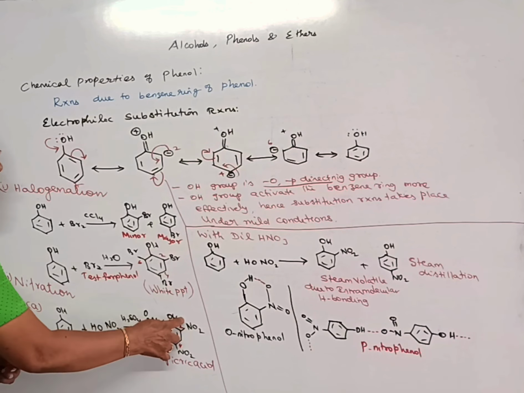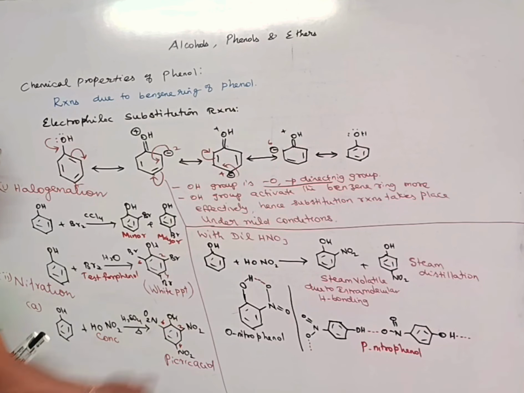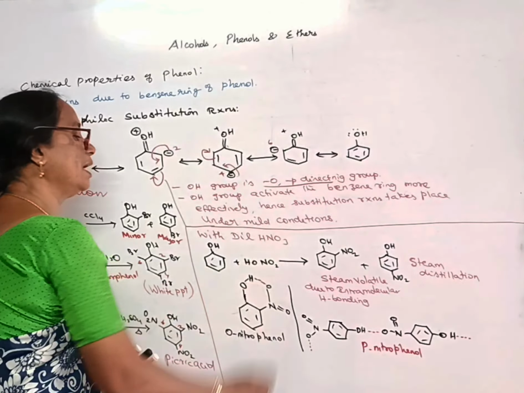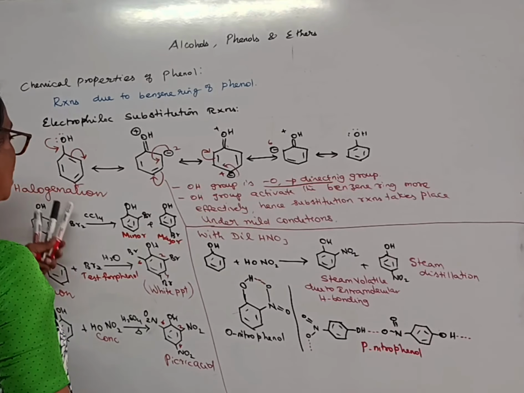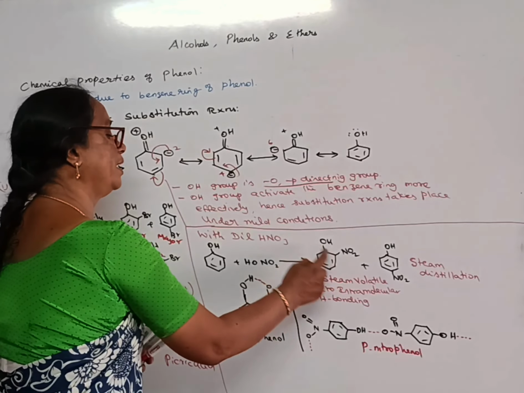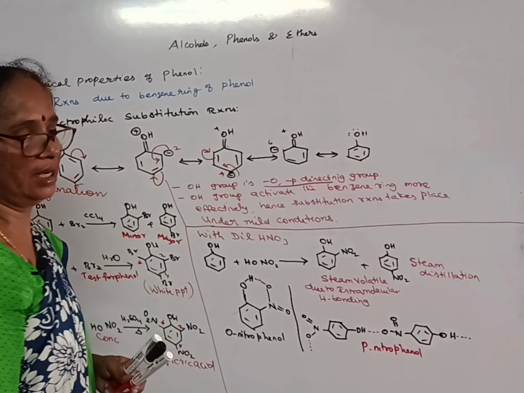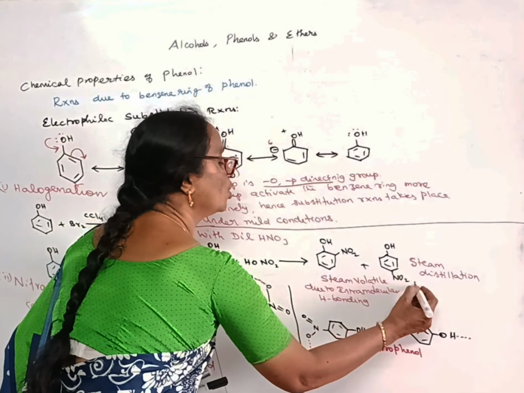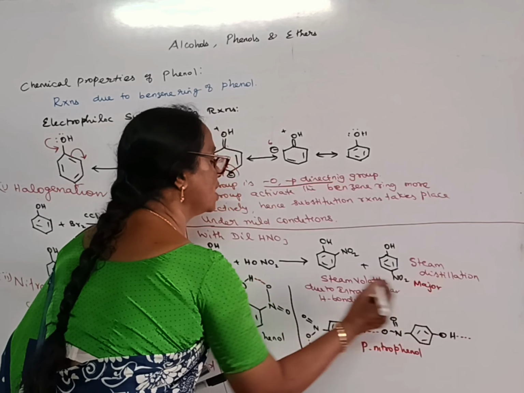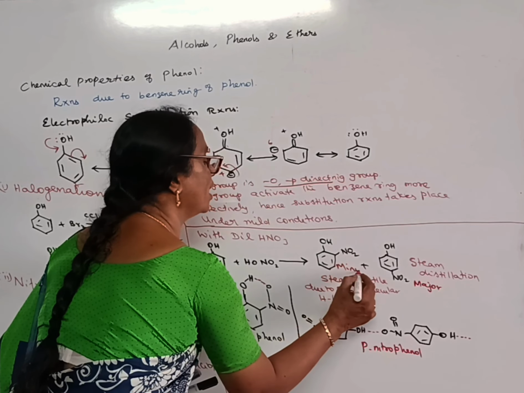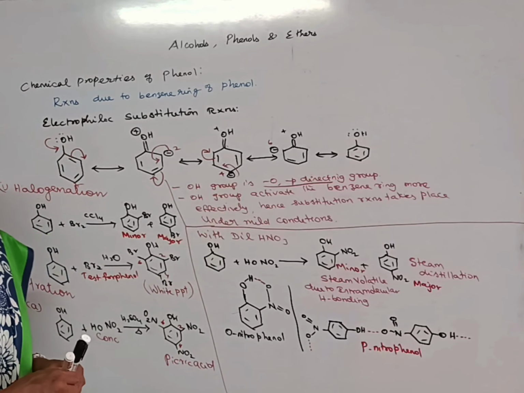So this is known as 2,4,6 trinitrophenol, or it is commercially known as picric acid. But in the case of dilute nitric acid, just like halogenation, it forms orthonitrophenol and paranitrophenol, where paranitrophenol is found to be a major product while orthonitrophenol is a minor product.